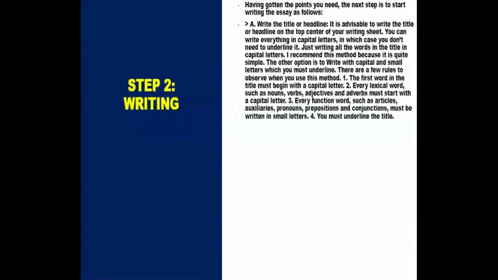And 3, every function word, such as articles, auxiliaries, pronouns, prepositions, and conjunctions, must be written in small letters. Then number 4, you must underline the title. That is the second method. The first method is preferable because it is easier and it enables you to avoid losing marks. Just write everything in the title in capital letters and you don't need to underline.